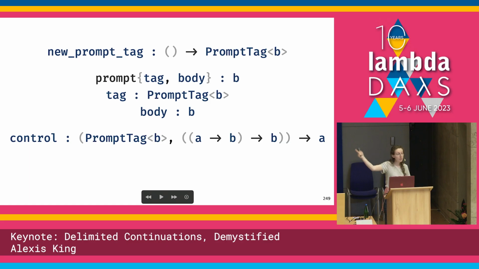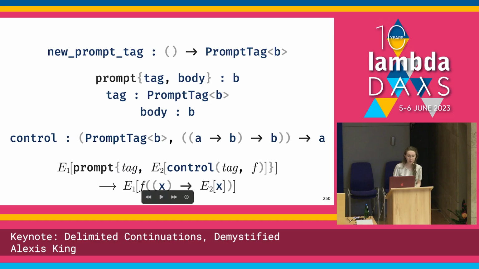So then when we apply control, we also pass it the same prompt tag, and that argument to the prompt tag is a witness of that B type. So it connects, it propagates the type information from the location of the prompt to the location of the use of control.